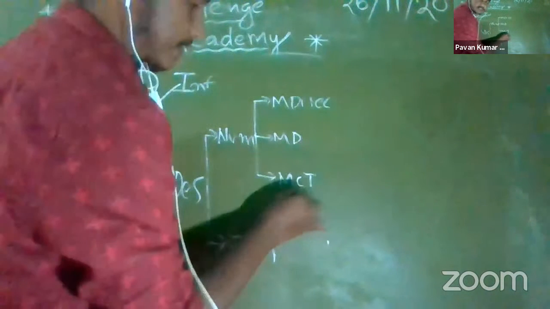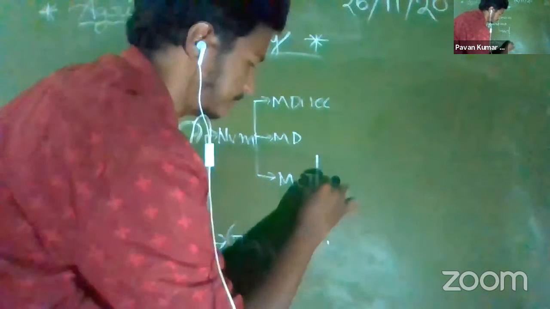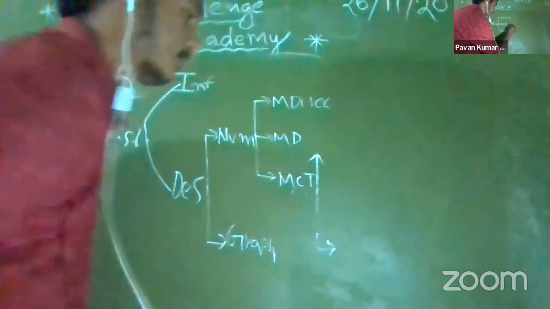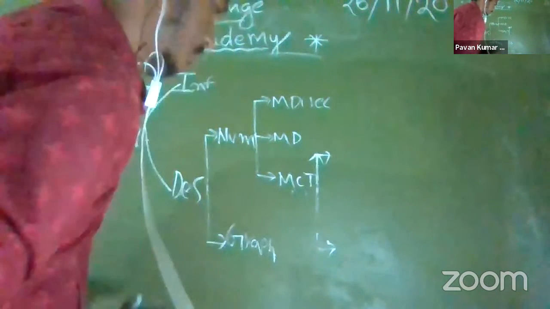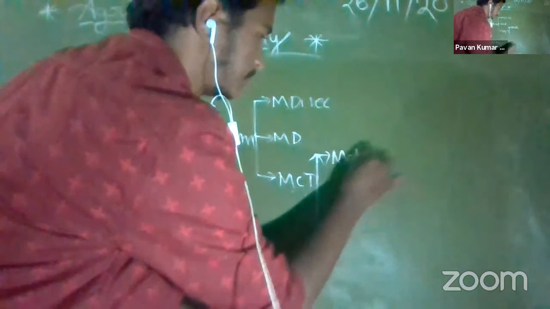Measures of central tendency are divided into mathematical and positional.